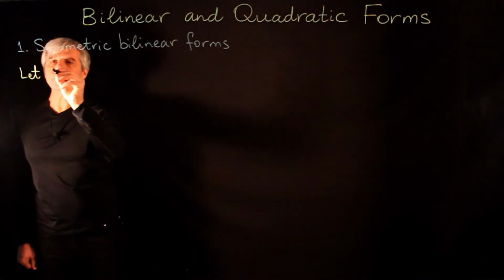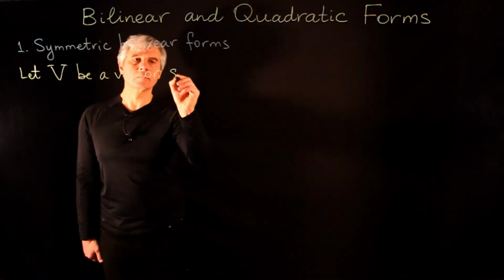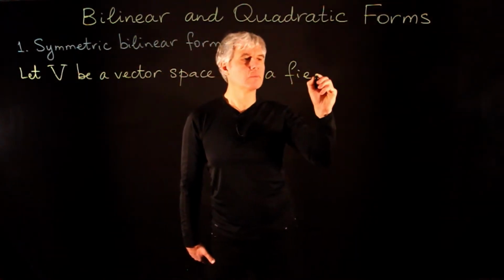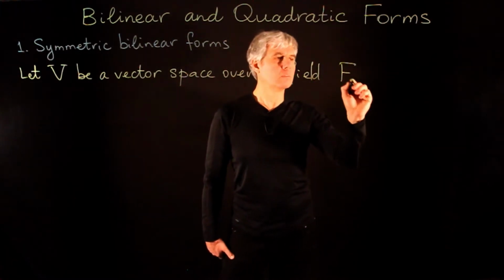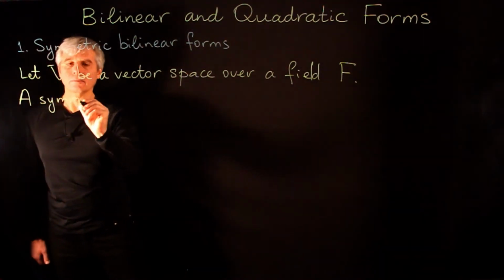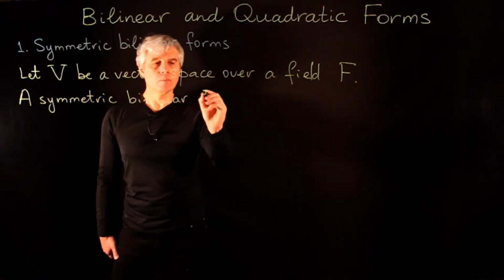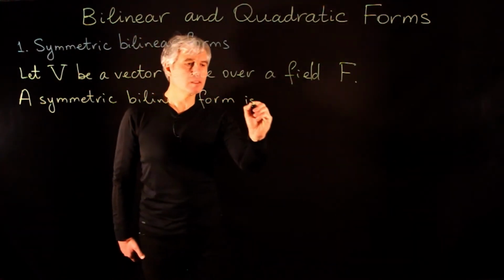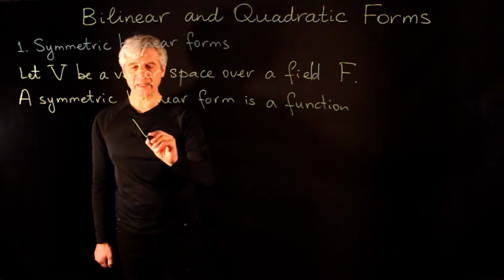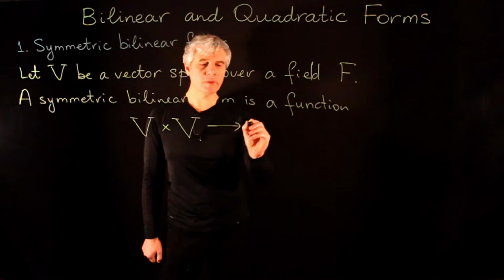Let V be a vector space over a field F. A symmetric bilinear form is a function from the Cartesian product V cross V to the field.